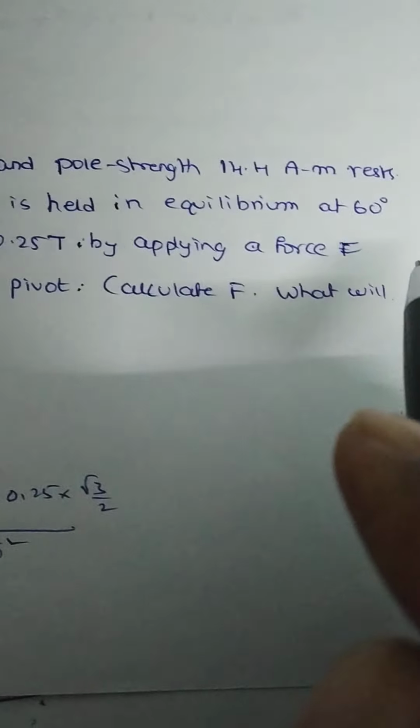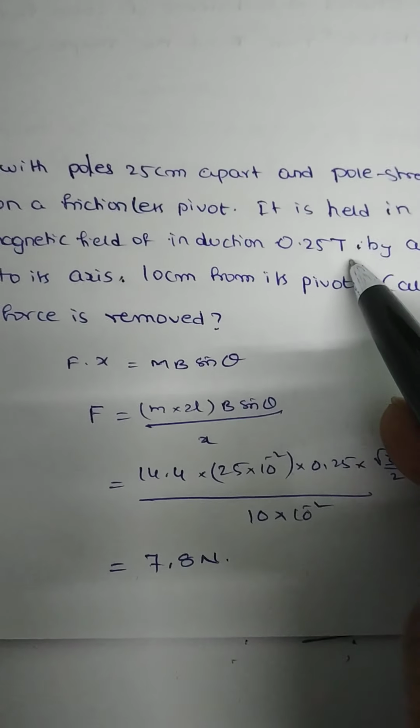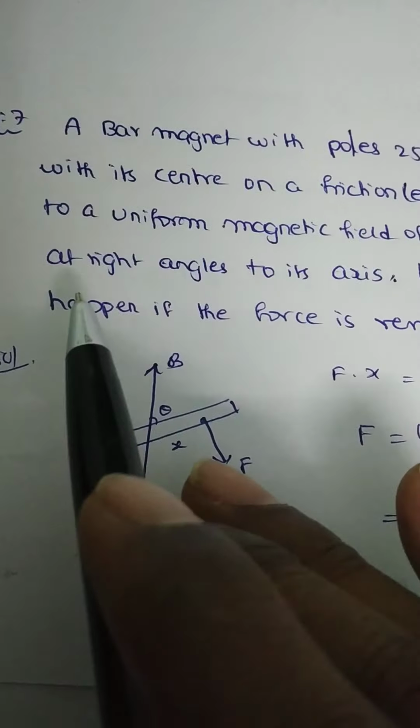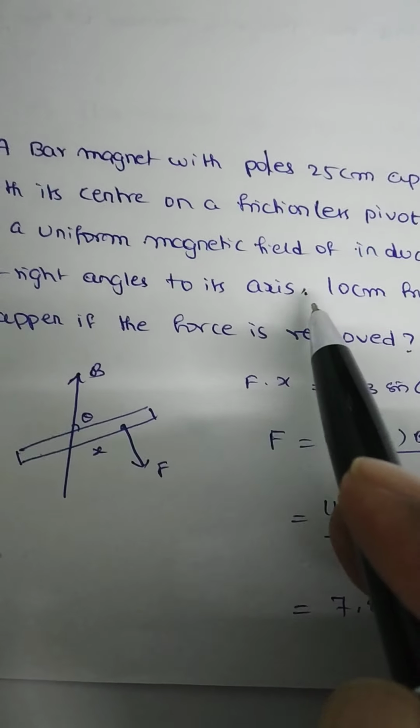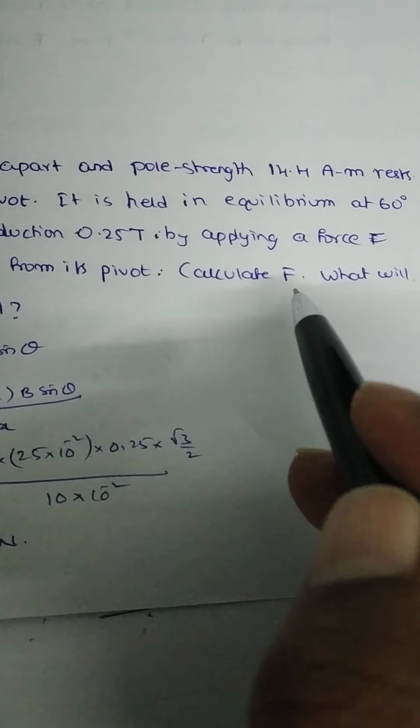It is held in equilibrium at 60 degrees to the uniform magnetic field of induction 0.25 Tesla, by applying a force capital F at right angles to its axis 10 centimeters from its pivot. Find the value of F.